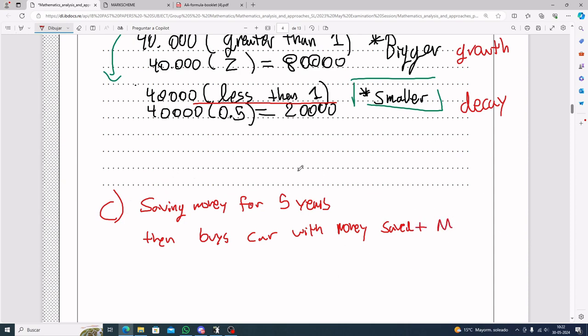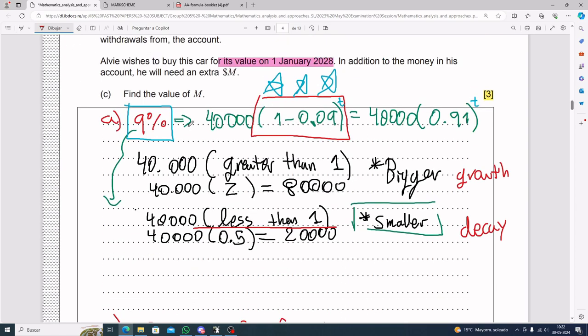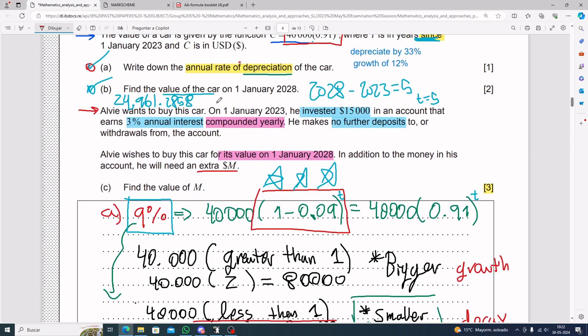And so the money he saves for 5 years is not enough to buy the car. And so that is why they ask about finding the value of M. The value of M is the extra amount he needs because the amount of money he earns by saving is not quite enough. See? And so for part C, the procedure is actually very straightforward.